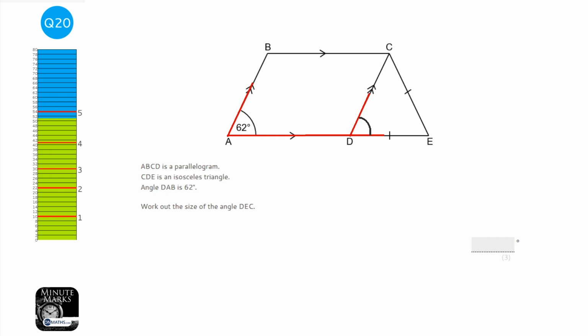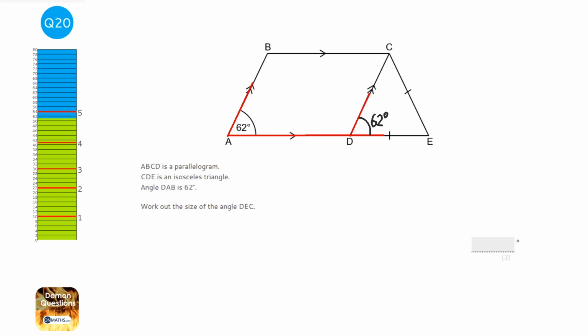The way I remember it is corresponding. The reason why I've highlighted what it's called is that, although on the website and on Maths you're not asked to write down the reason for it, in the exam you will have to write down the reason for why this is 62 degrees. And the reason is because they're corresponding, and I remember it as F angles.